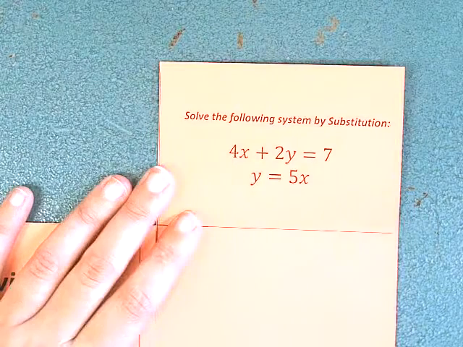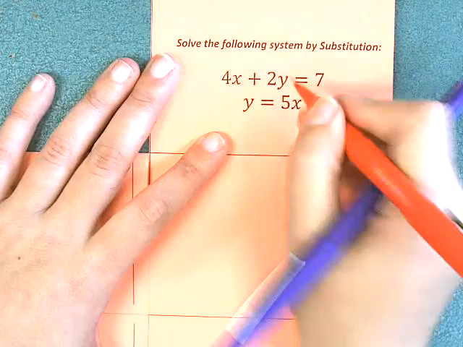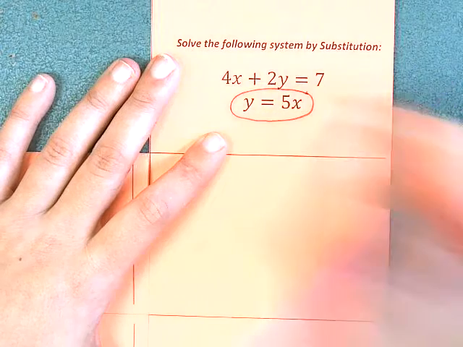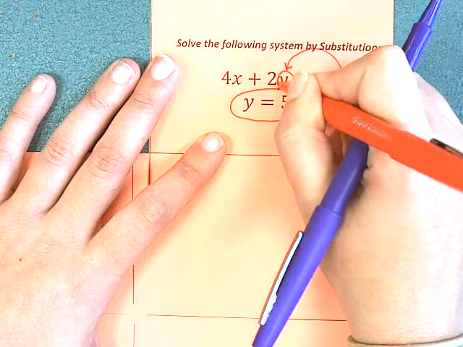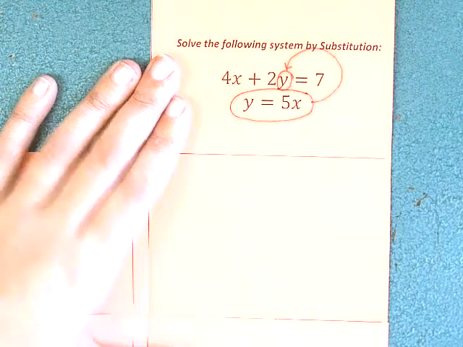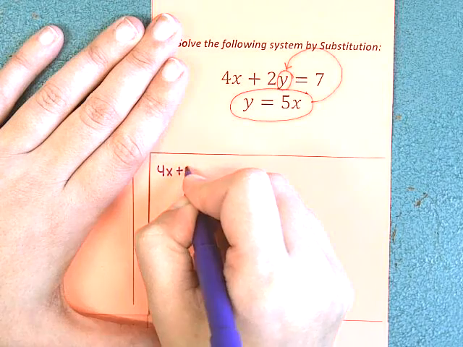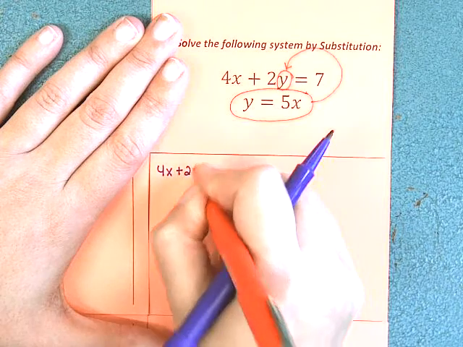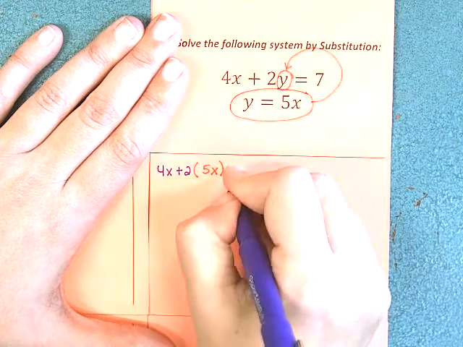Now let's review what it means to solve by substituting. So if you open up that flap, solving by substituting means that you're going to take the equation where one of the variables is by itself and plug it into the other equation and replace that variable. So when I do that, I would have 4x plus 2, and instead of the y, I would fill in 5x equals 7.